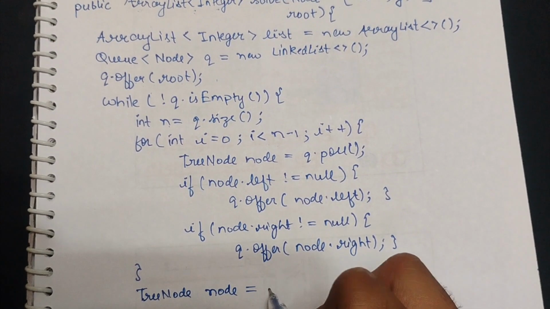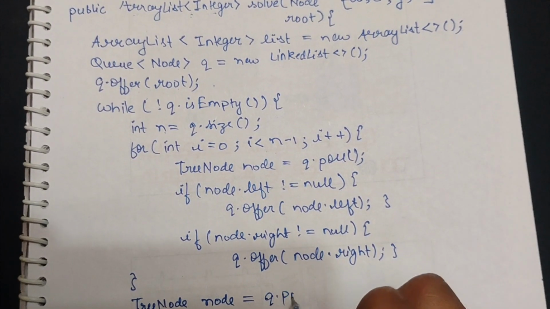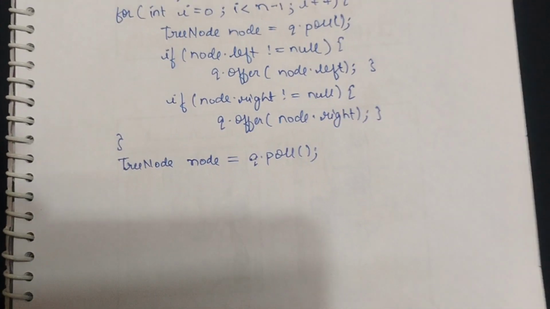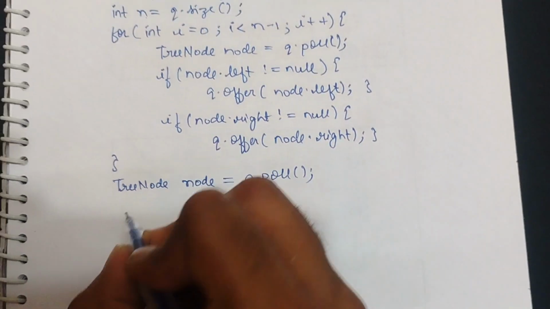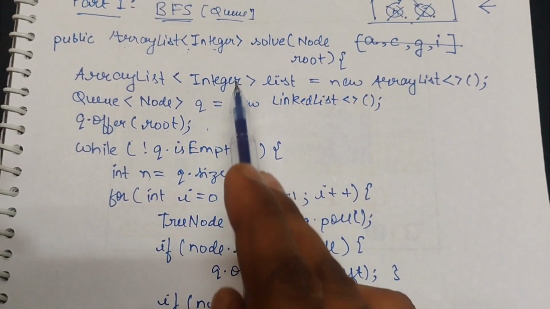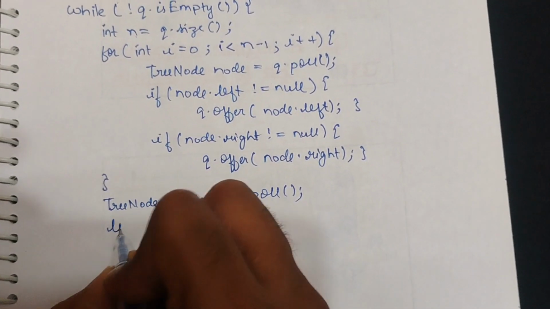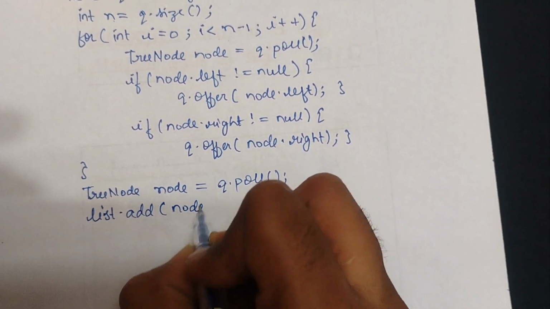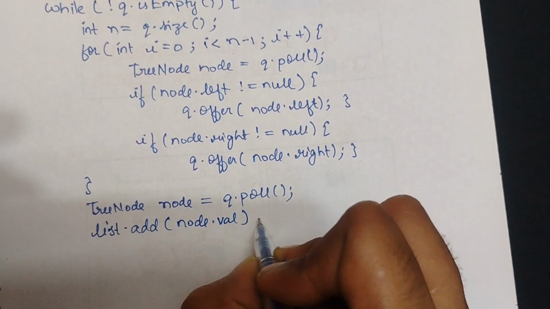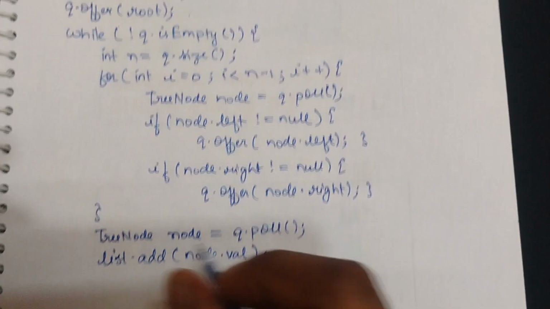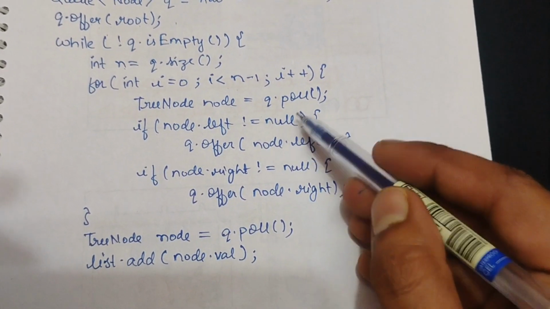I'll say node equals to queue dot poll, and it is the last node. That means I want to store it in this list of integers, so I'll do list dot add node dot val, because the return type is integer.